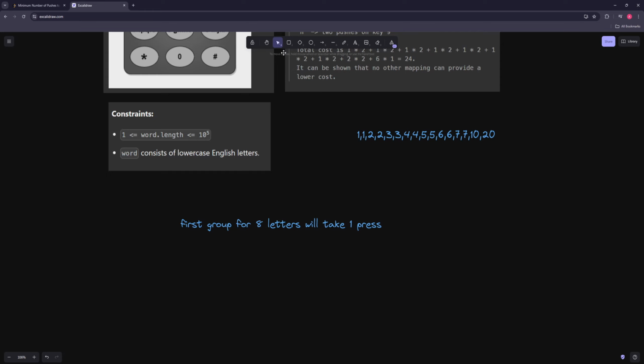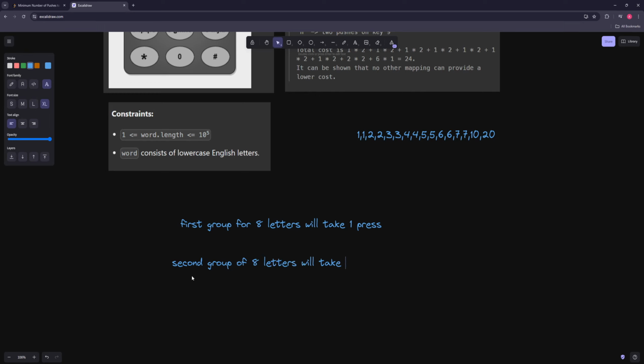So those will take 1. The second group of 8 letters will take 2 presses. Third group, 3. And finally, if it's lowercase letters, you have 26, so the last 2 letters will take 4, assuming you had every single letter in the alphabet.